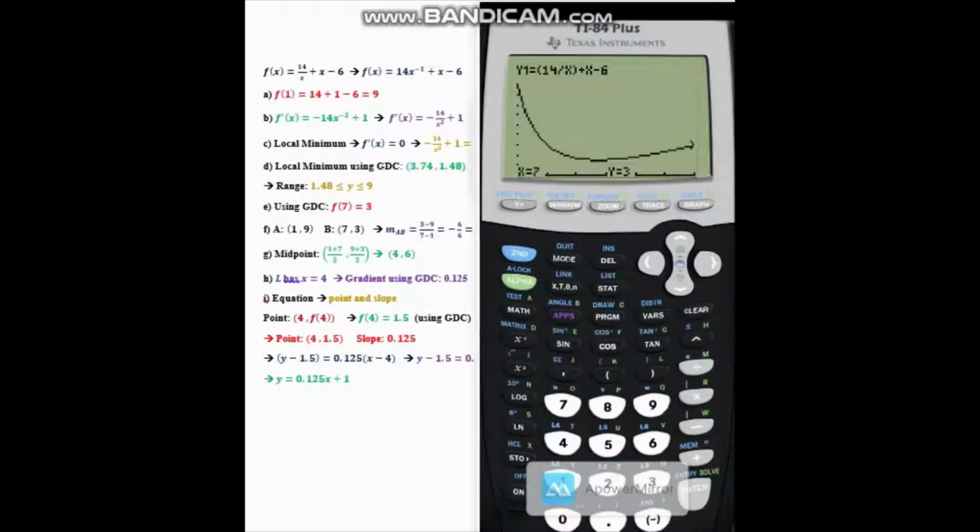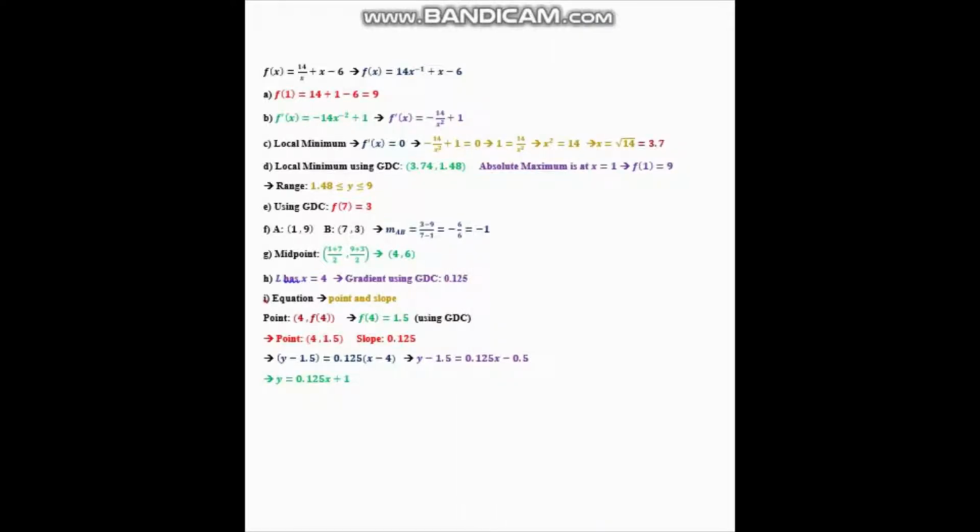So since the x coordinate is 4, the gradient when x equals 4 is, second trace, find gradient, 0.124999, so just 0.125. This is your gradient.